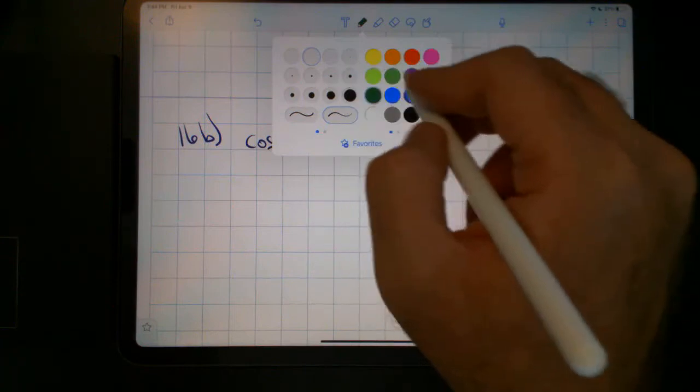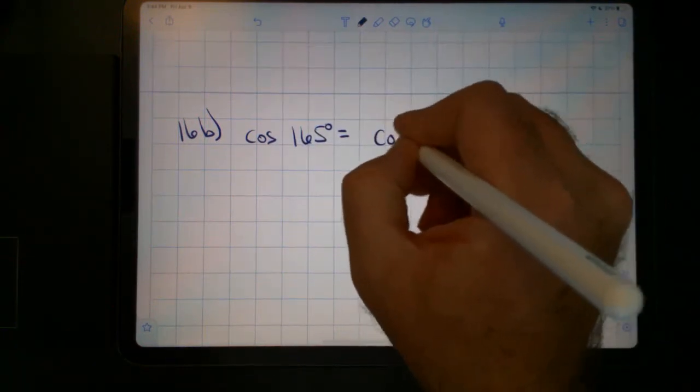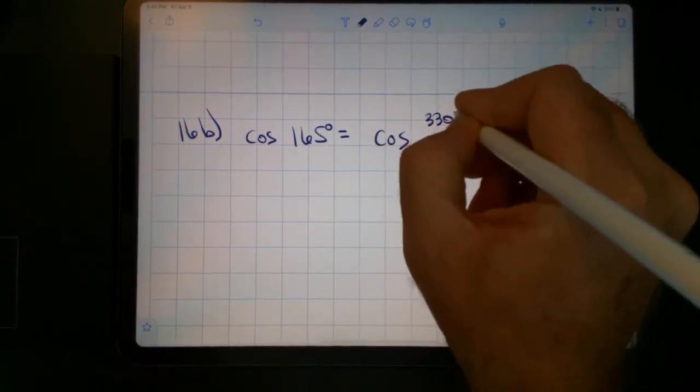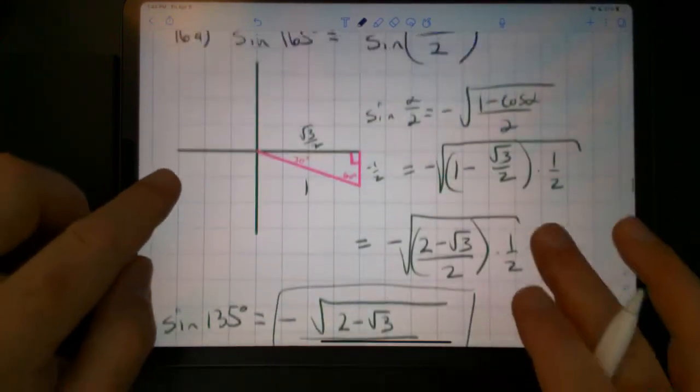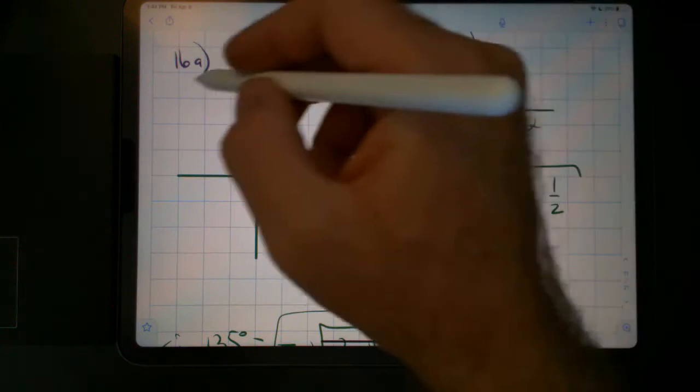16b. So this is the same thing as cosine of 330 degrees divided by 2. I'm going to use the same triangle up here.